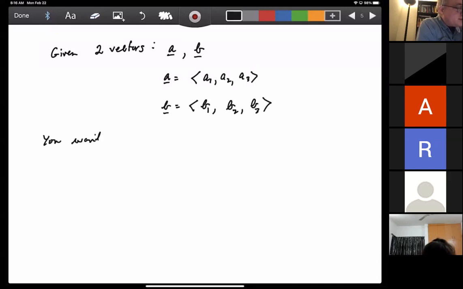You may want to find a vector which is perpendicular to both of those. And let me just use X, Y, Z as the terms there.